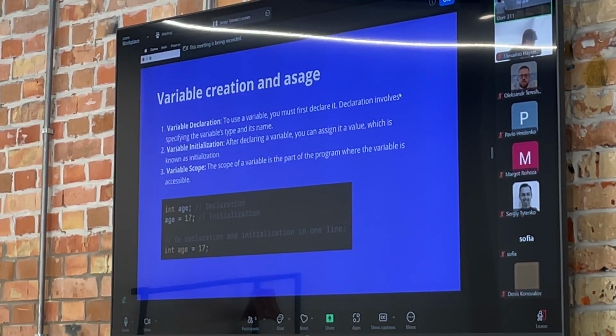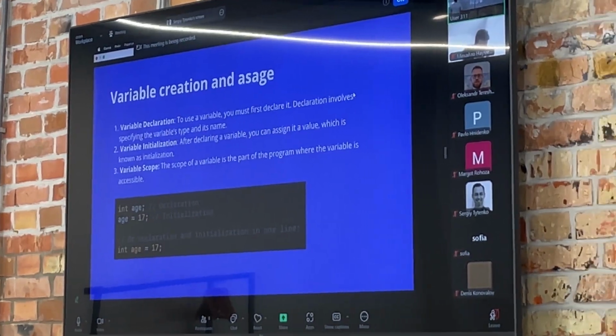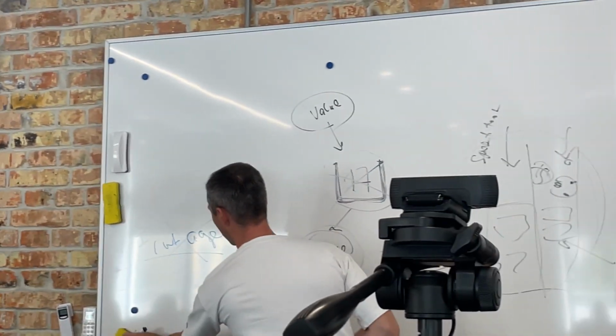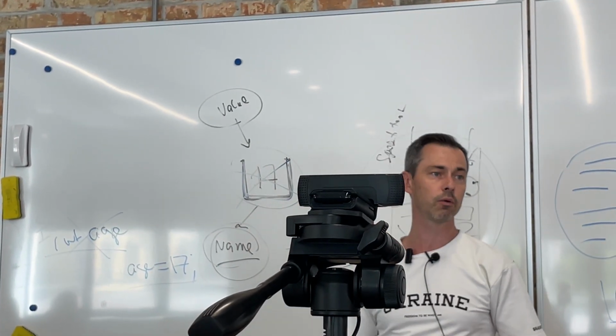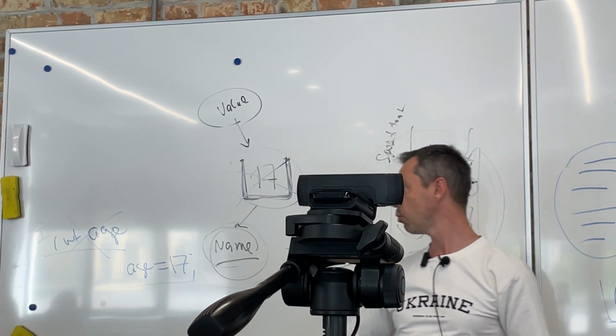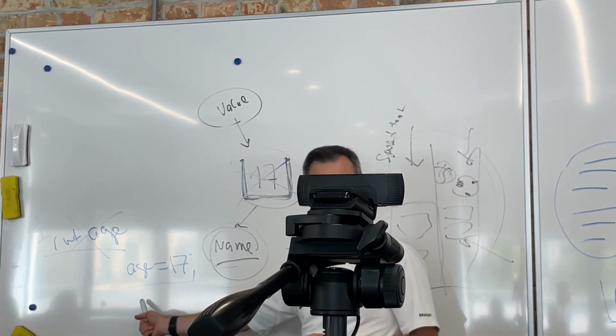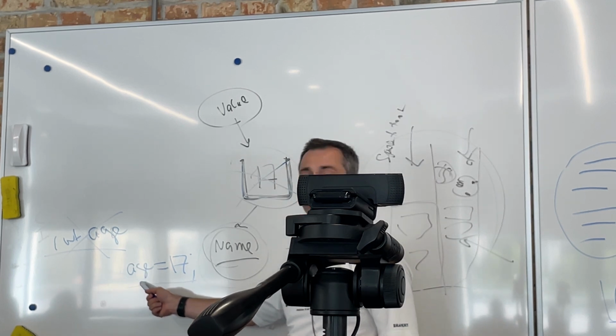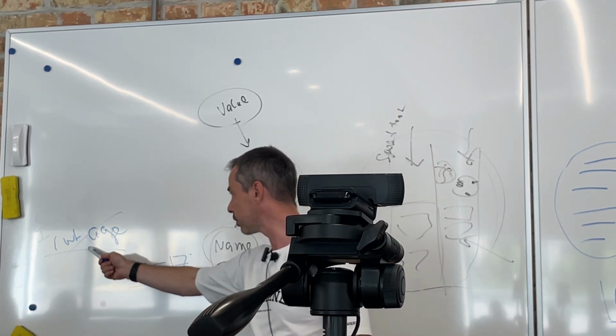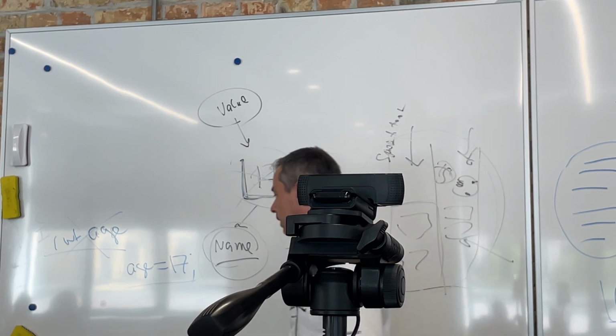And if you add this line of code in your program, then the compiler will come to you and say, hey, what are you doing? What is age? I don't know what age is. This is an error in your program because you haven't declared it. You should declare first, and then you can use it.